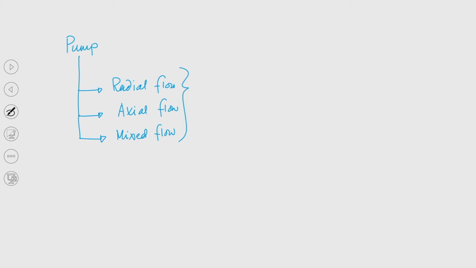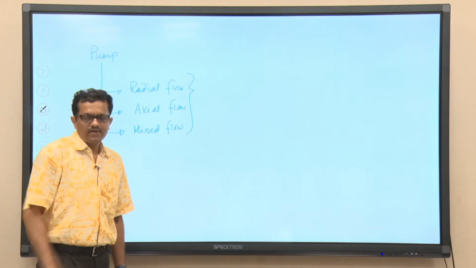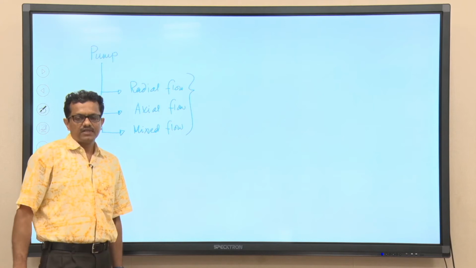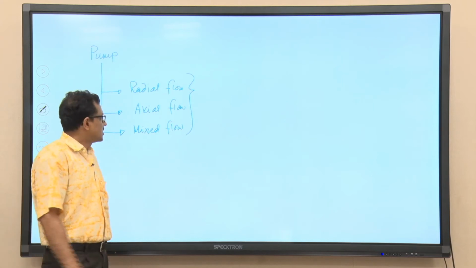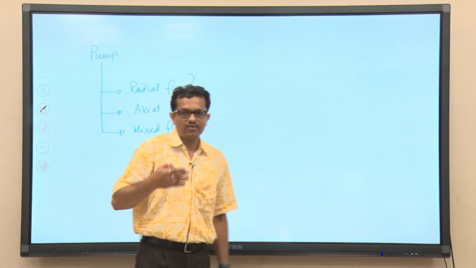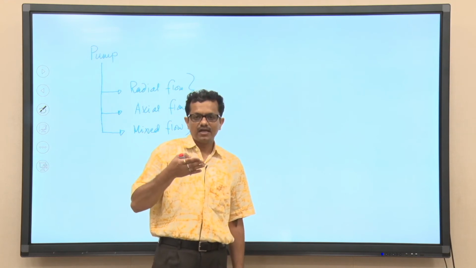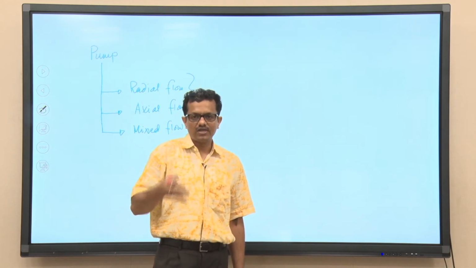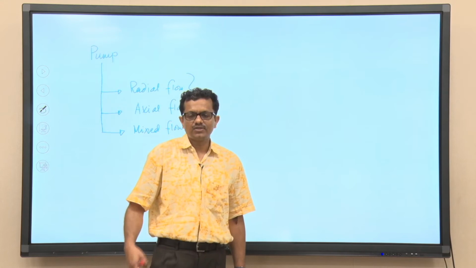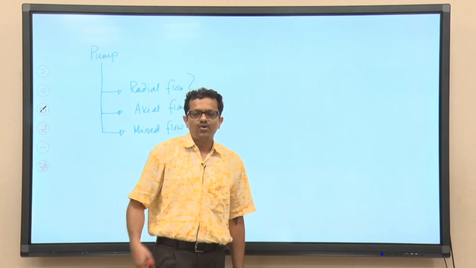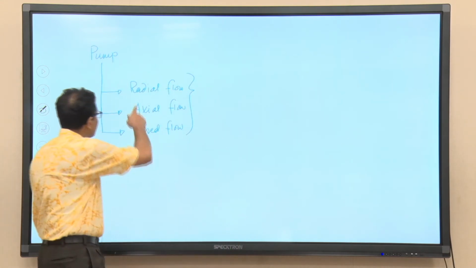These different pumps cannot all be used to serve a stated purpose. If our objective is to provide moderate head against a moderate to low discharge, then we need to select a particular type of pump, and we should go for radial flow pump.